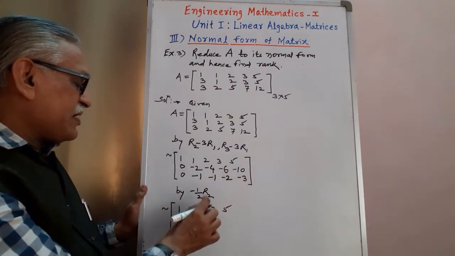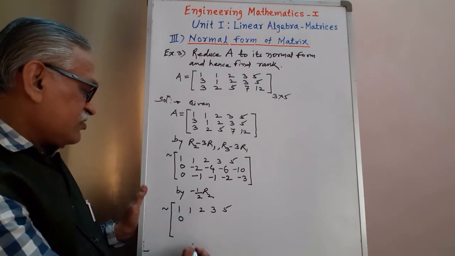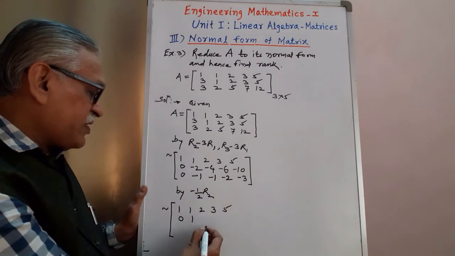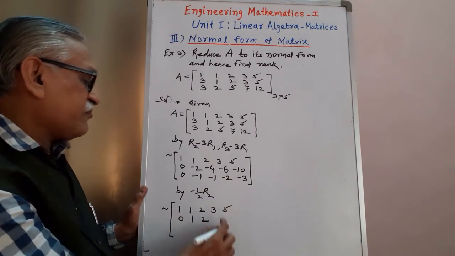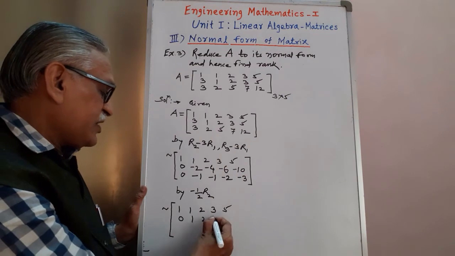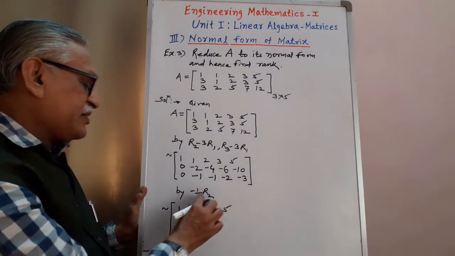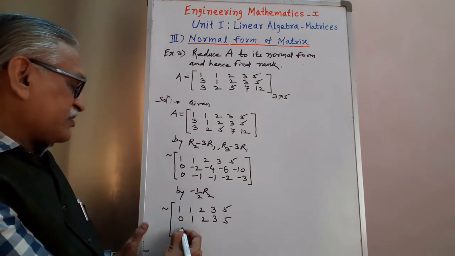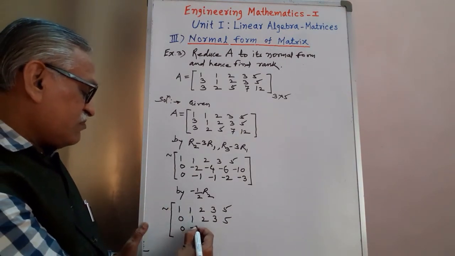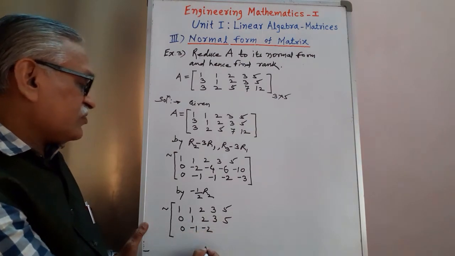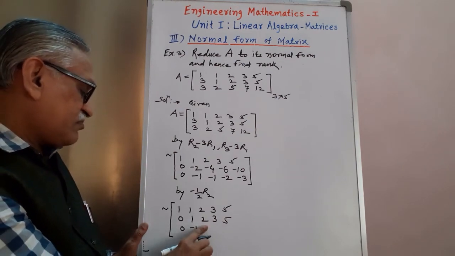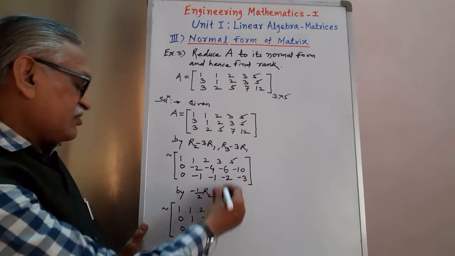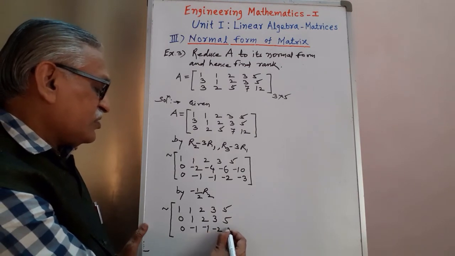Multiplying each element by minus 1 by 2, we have 0, 1, minus 4 gives 4 by 2, we get 2, 6 by 2 we get 3, and 10 by 2 we get 5. Next, the third row as it is: 0, minus 1, minus 1, minus 2 and minus 3.